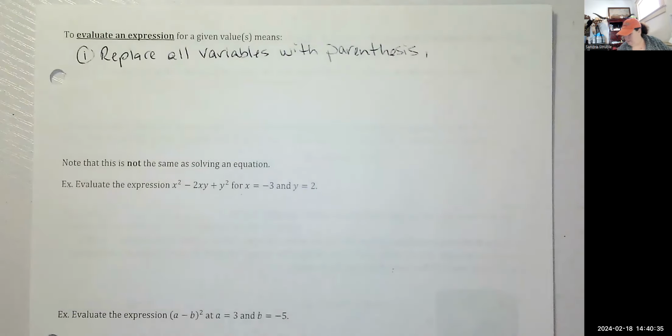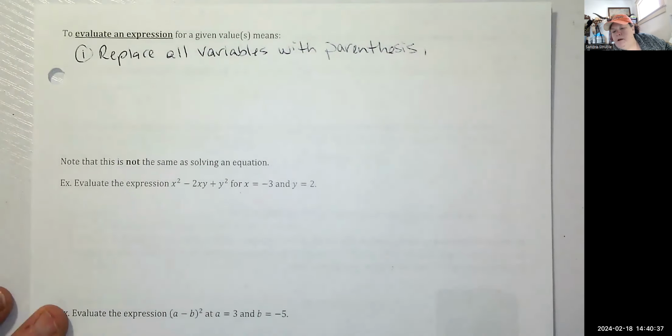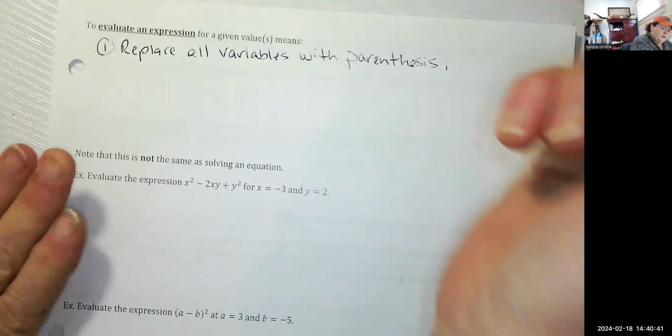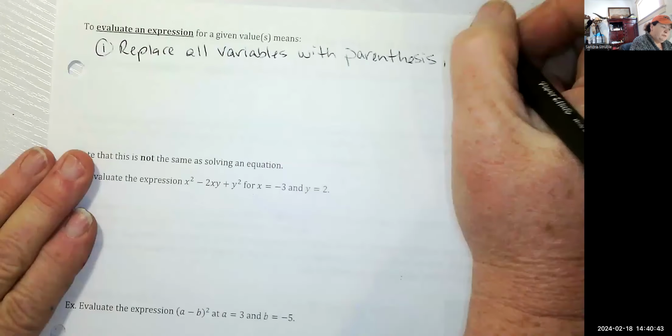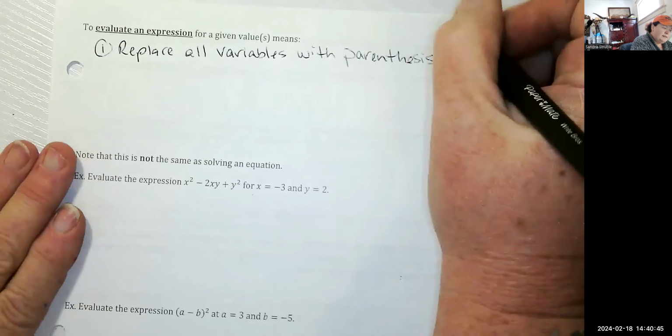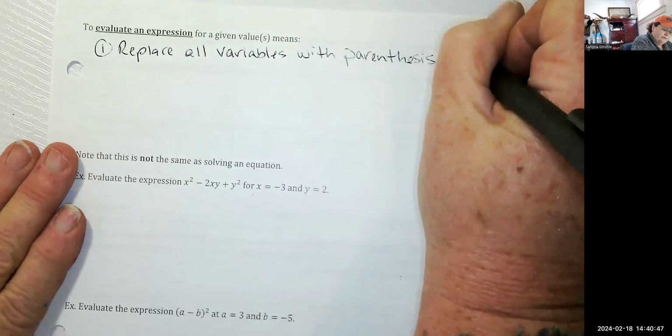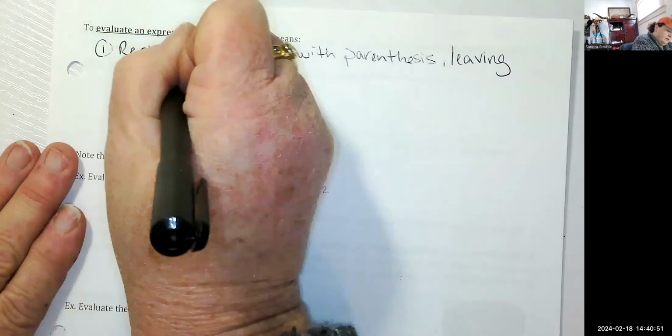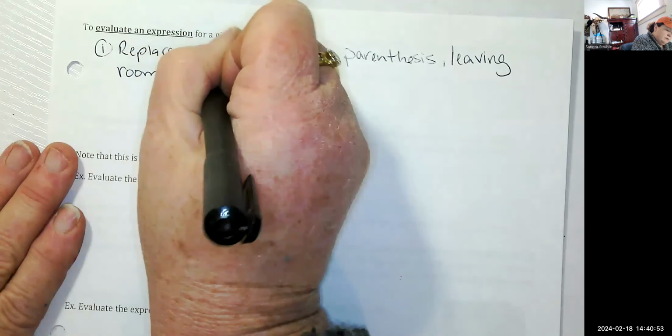Oh, out of pen. Keep running out. Gosh darn it. All right, we're going to replace all variables with parentheses, leaving room inside the parentheses. Ooh, this writes nice.